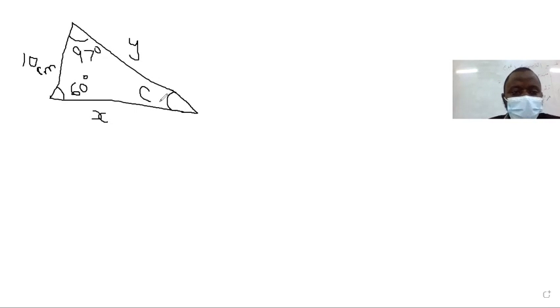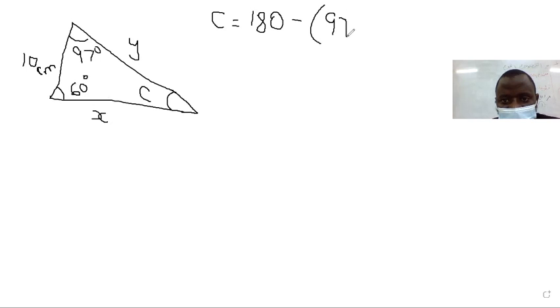Now, if you look at the triangle, you will see that I have two angles there, right? So what I will do is to add this together, subtract from 180, then I will get my angle C. So now, angle C, like we did in the first example, is 180 minus 97 plus 60.